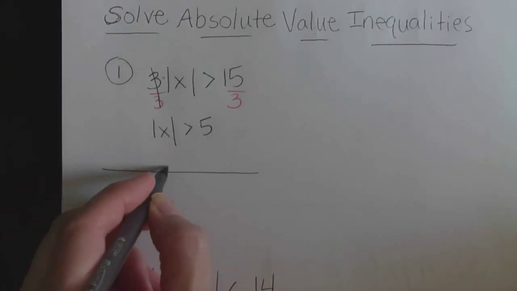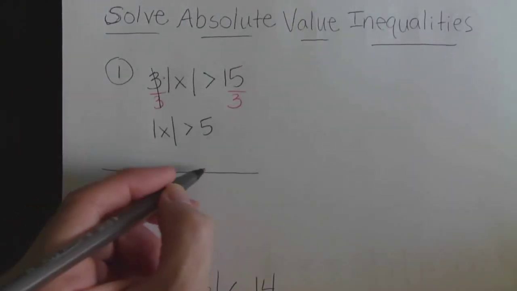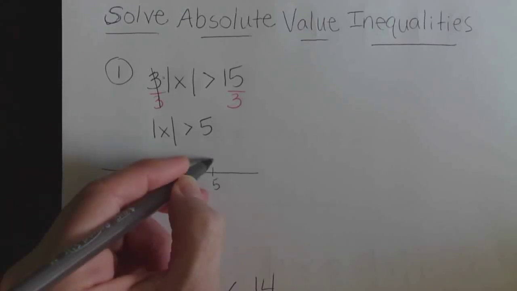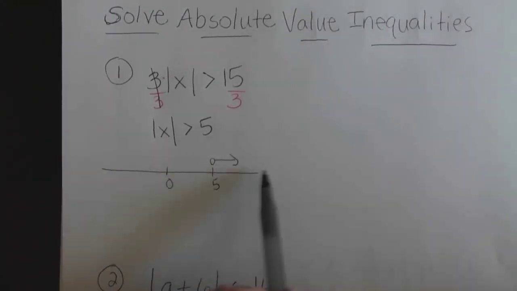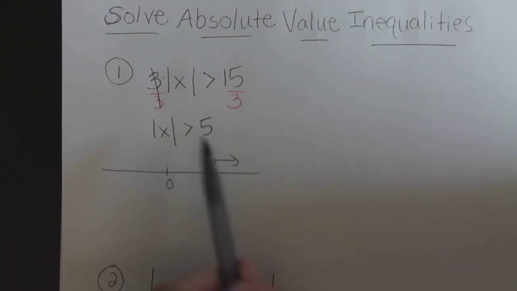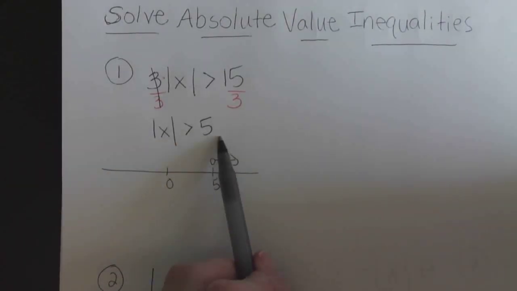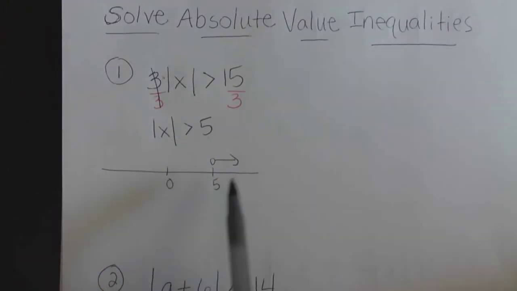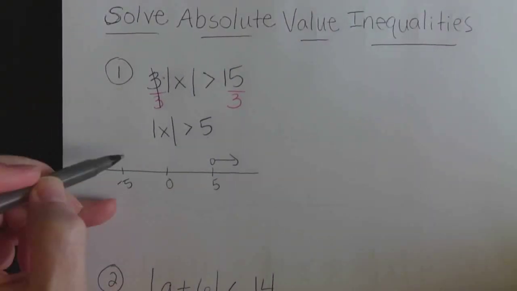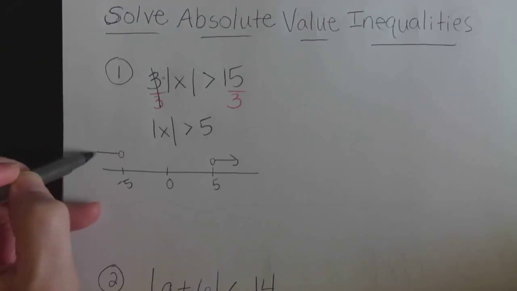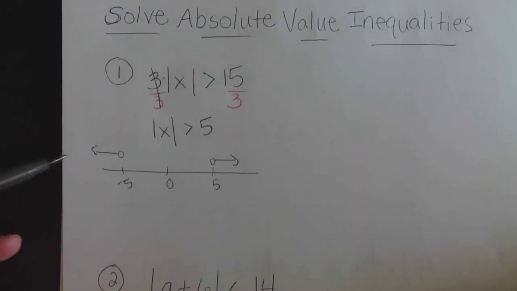If you think of a number line and you put 0 on it, all these numbers over top of 5 are greater than 5 away from 0. And likewise, if you think of the negative side, all the numbers down here are more than 5 away.